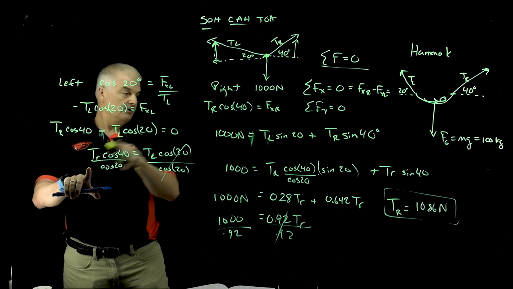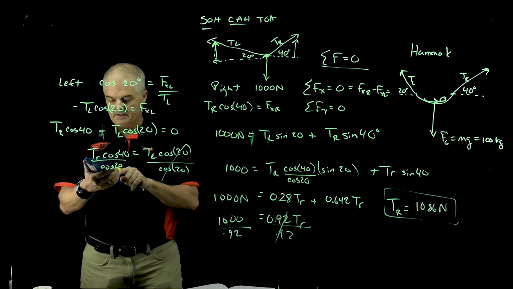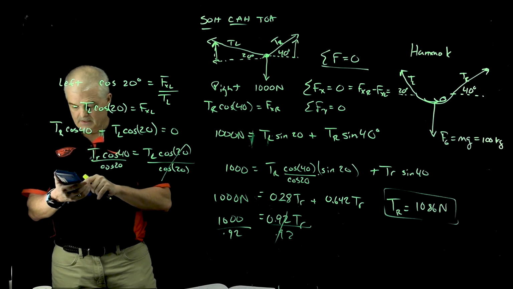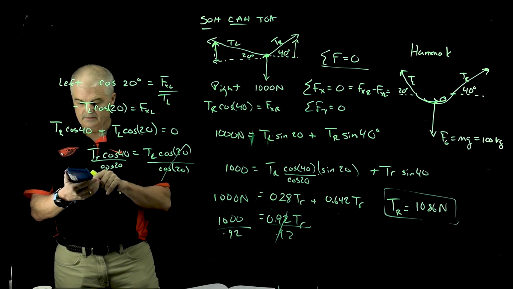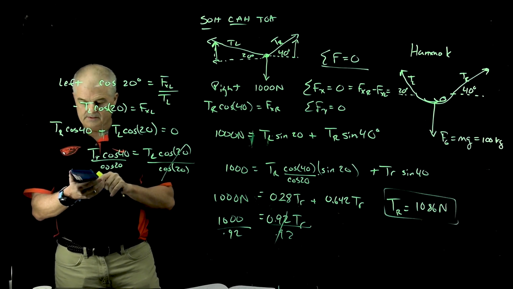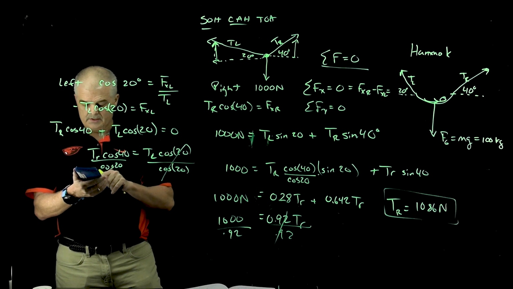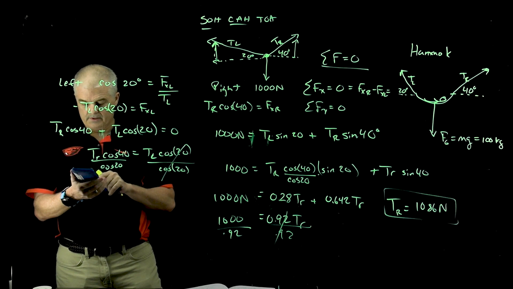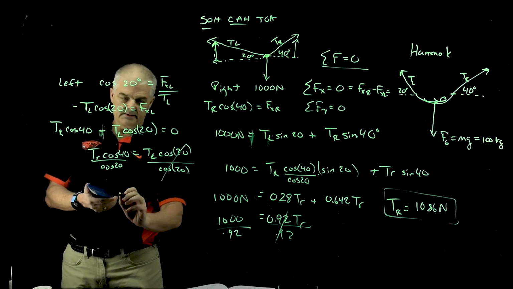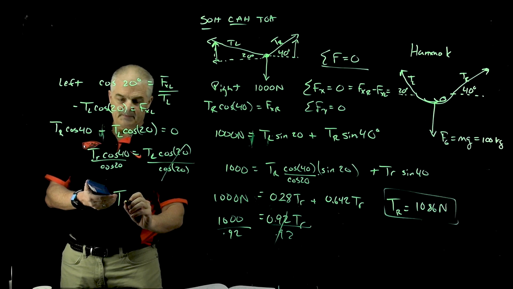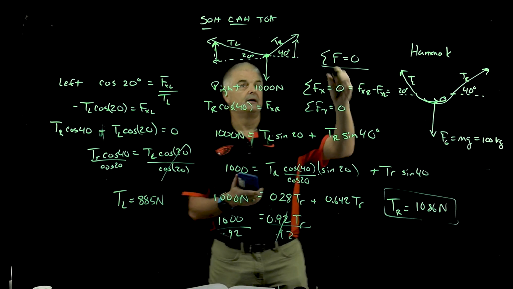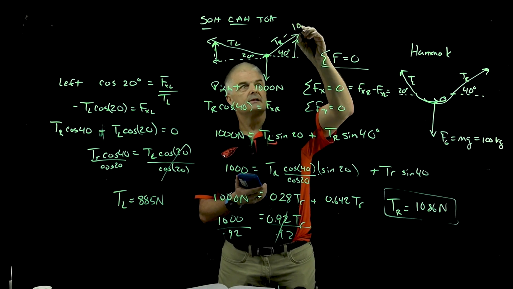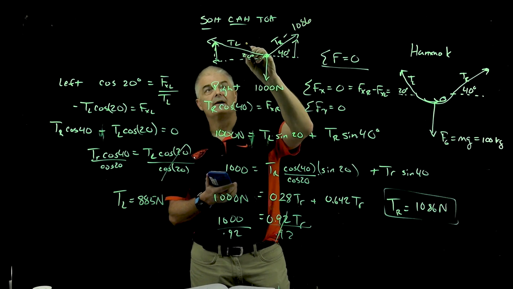So I just take TR, which is 1,086, times cosine of 40, divided by cosine of 20, and I get TL to be 885 newtons. So the right side has a tension of 1,086, and the left side is 885.